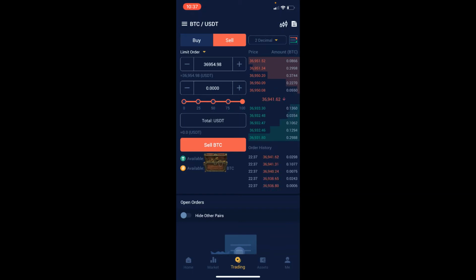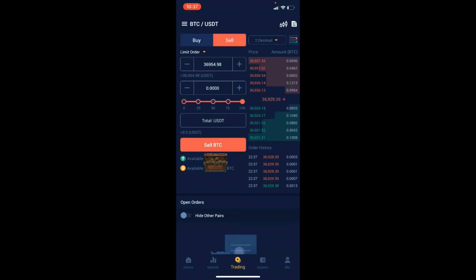Say it goes to $10 million per Bitcoin and then comes all the way back down to 30,000. Well, when it goes to 10 million, you can sell 100% of your 1 Bitcoin for 10 million. And then if it were to go back down, you wouldn't incur that loss because you sold it into USDT.